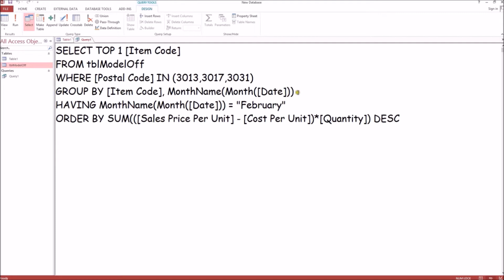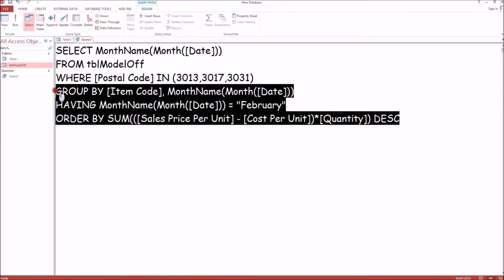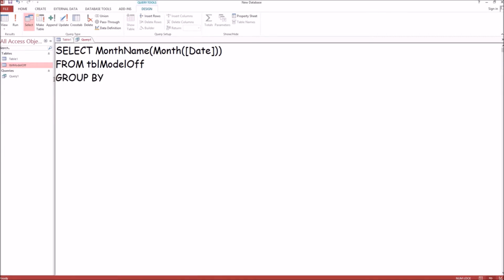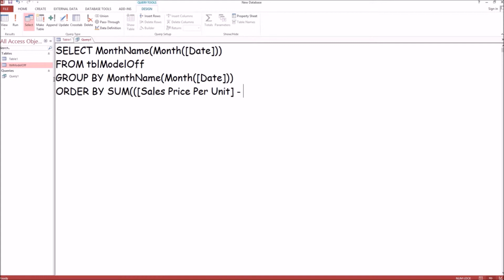So in this case, we know we will need to determine the months. So let's keep the months field, select months from table, group by months, order by sum of sales price per unit, should have kept the profit calculation, minus cost per unit, close parentheses, times quantity, in descending order.